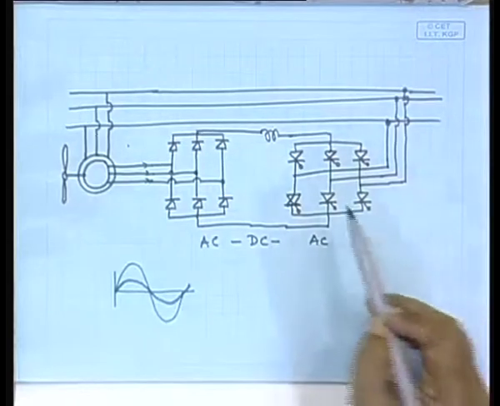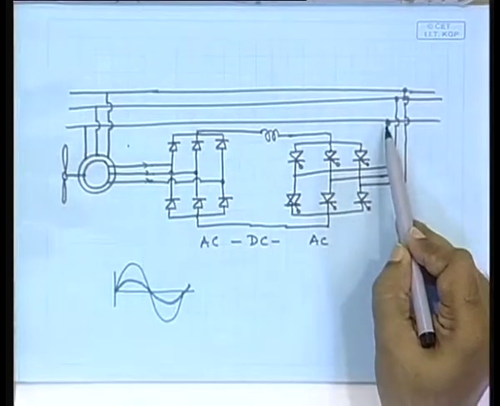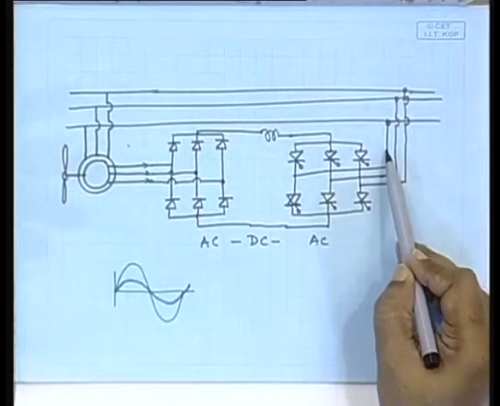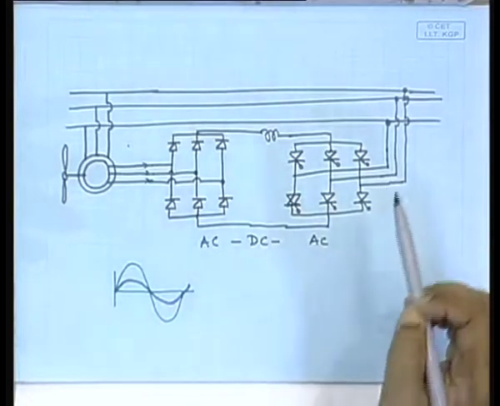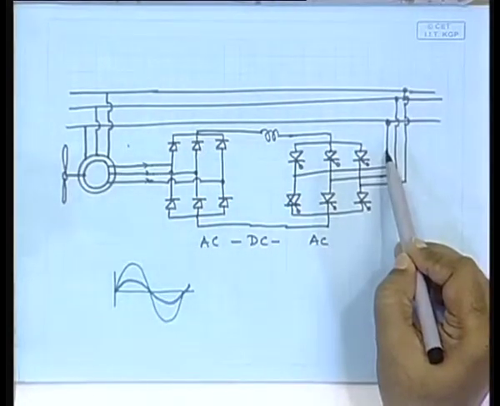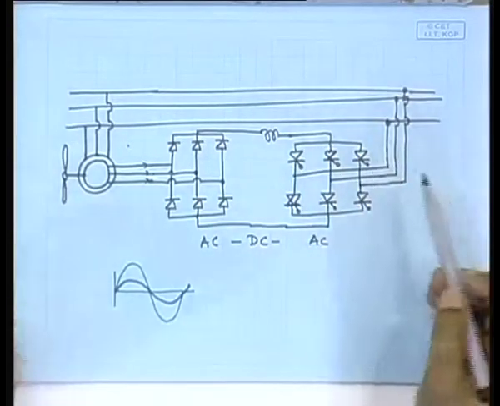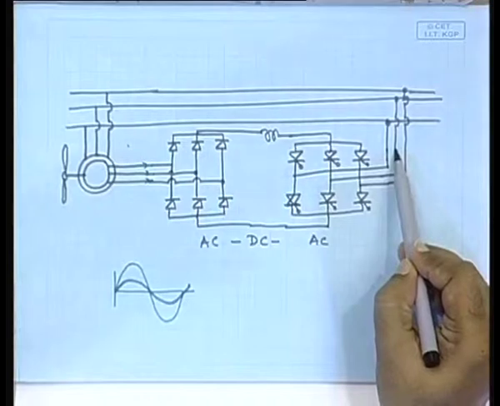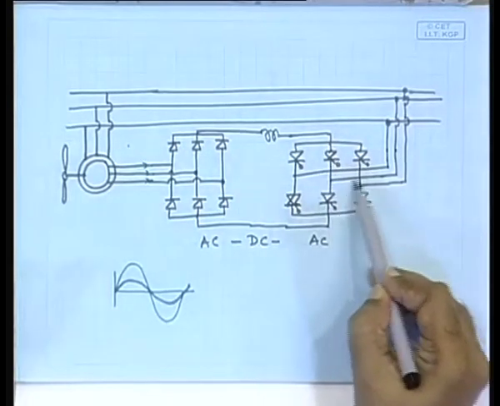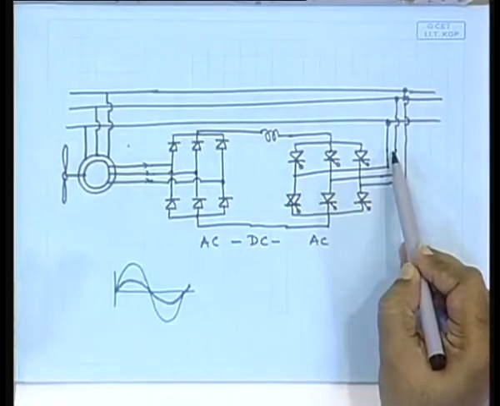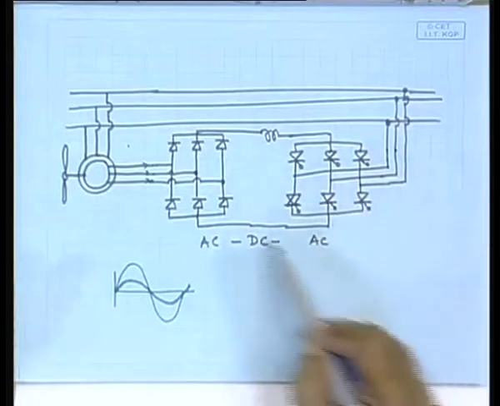So, there will be some time when the voltage you want at this point to be the peak AC voltage. At that point of time this will be switched on, at another time this voltage should be the peak AC, at that time this will be switched on, and so on and so forth, and this will provide the return path.